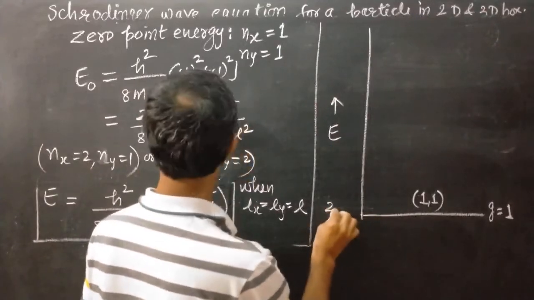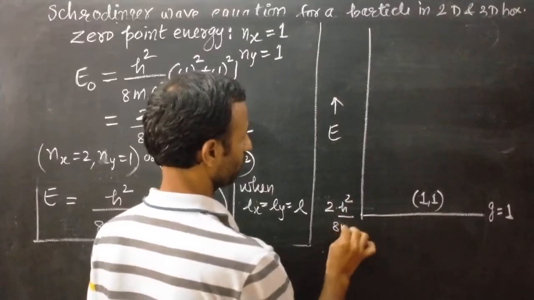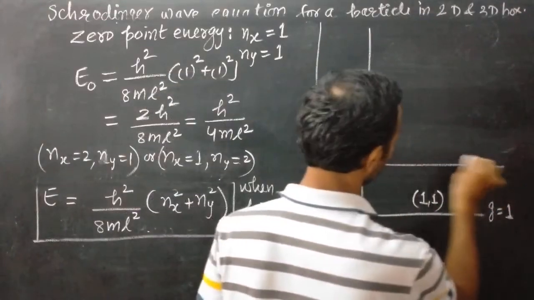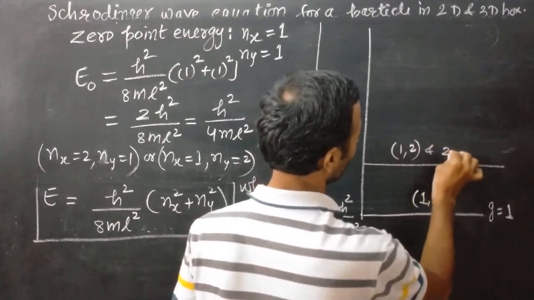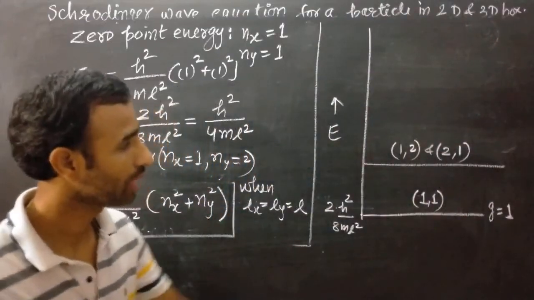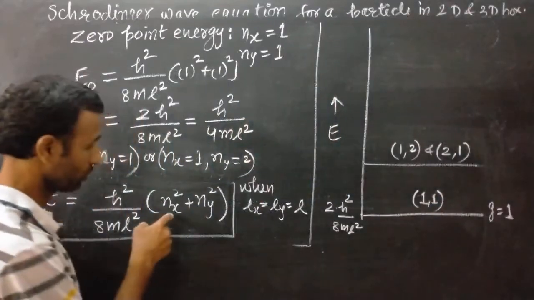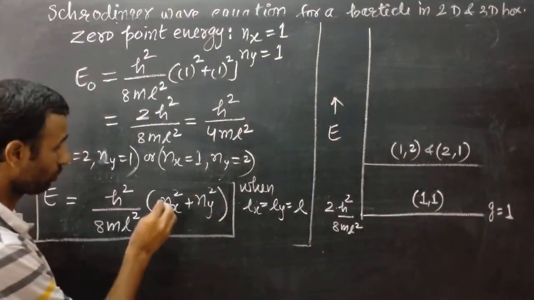It has 5h²/8mL², because it is 4 plus 1 or 1 plus 4.